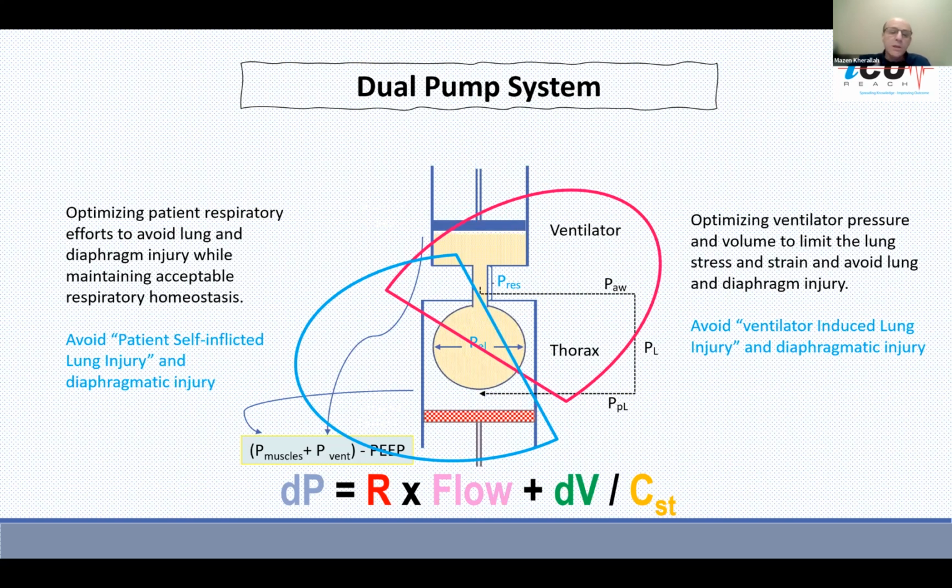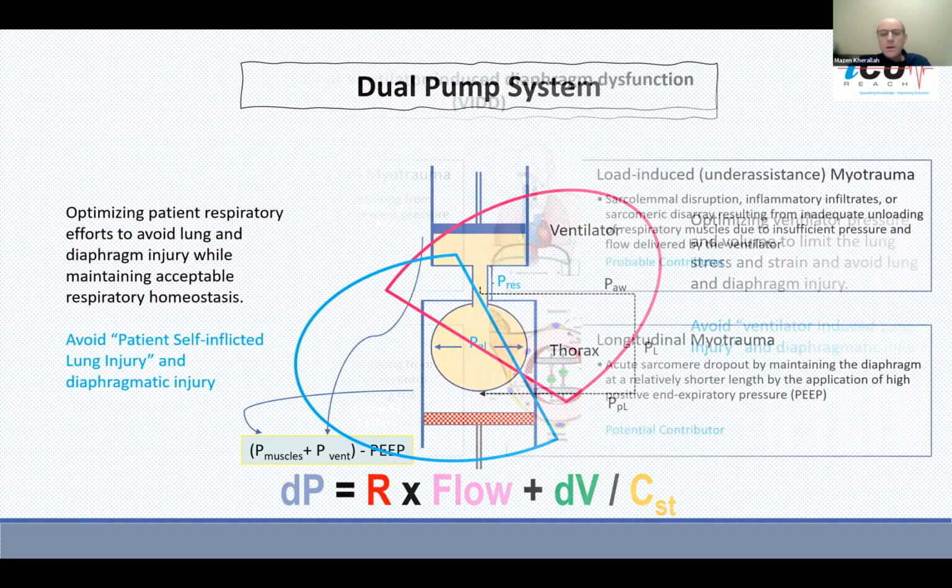This is what we call patient self-inflicted lung injury. We need to avoid having patients self-inflicting their lungs with injuries, and also limit the diaphragmatic injury that may result from the patient's efforts too.